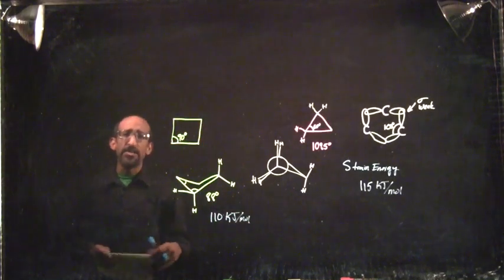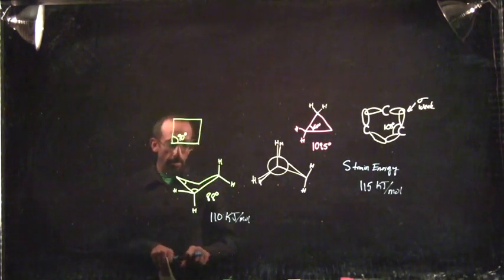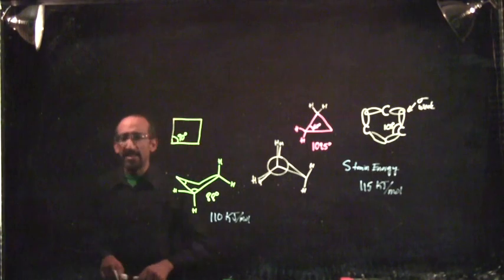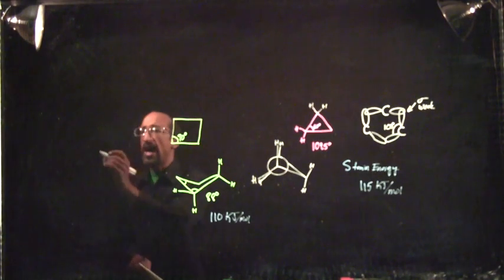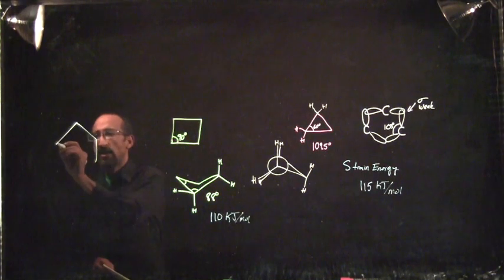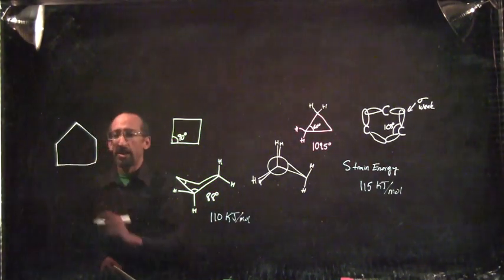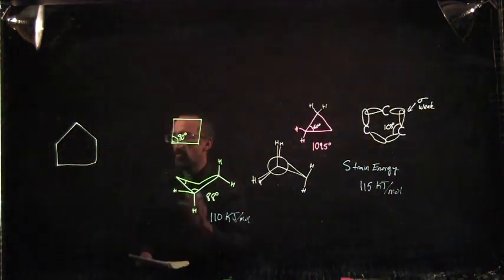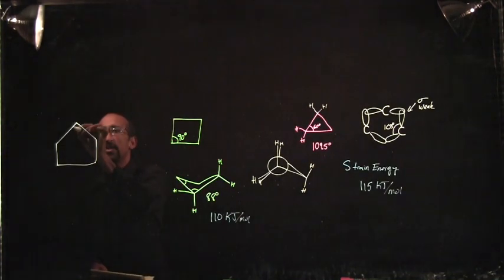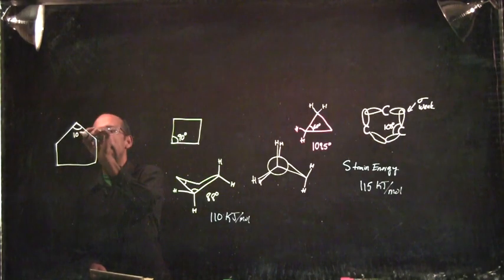So finally, let's take a look at cyclopentane. For cyclopentane, if we draw out its structure as a planar molecule, we would think that it should have bond angles of approximately 108 degrees.